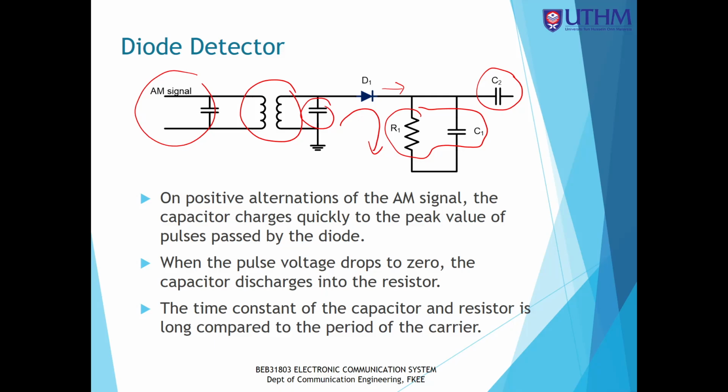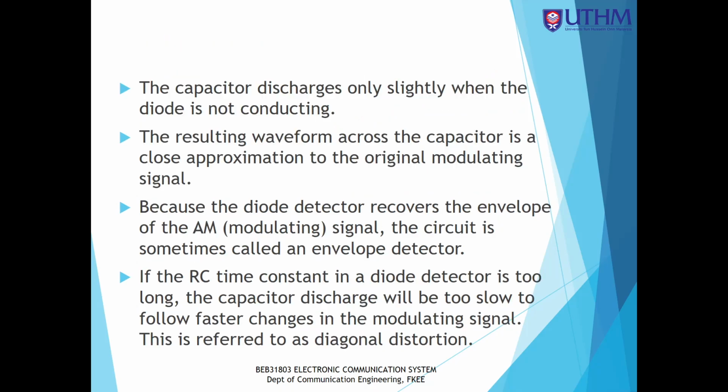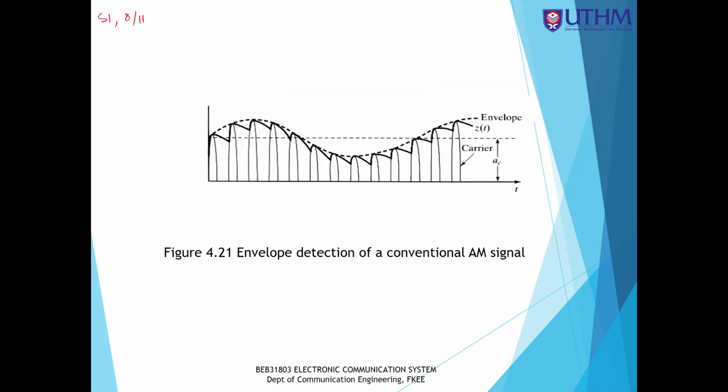So what happened actually? We're going to see how the waveform looks when it goes through the processes. I will explain these waves so that you can have a better understanding of what happened. Assuming that initially we have the input of double sideband full carrier.